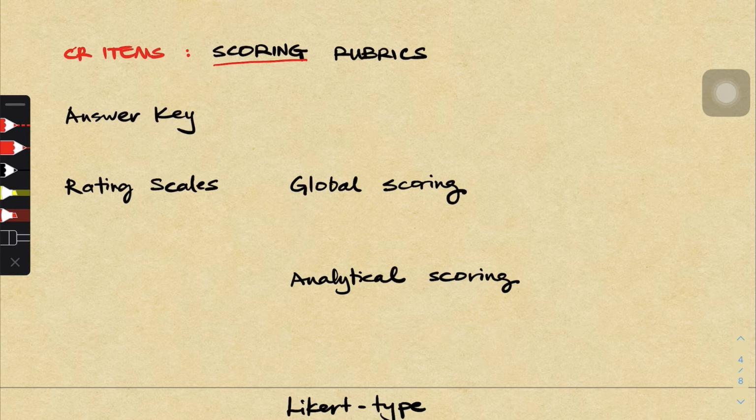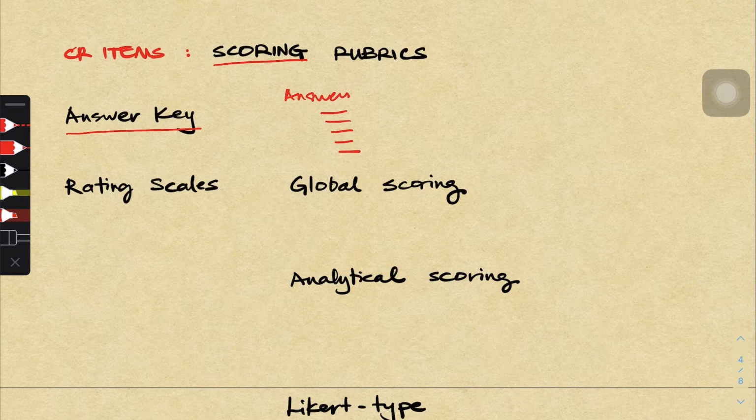Now, I think you are familiar with what usually happens in Malaysia: the lecturer prepares an answer key. An answer key, as the name states, is a list of what answers to look for: 1, 2, 3, 4, 5, and most of the time this is the only thing which is supplied.